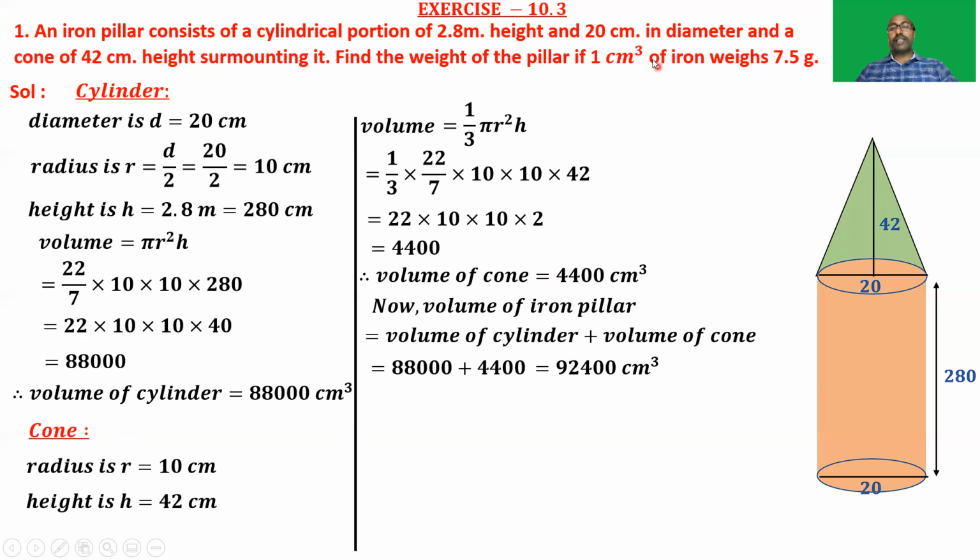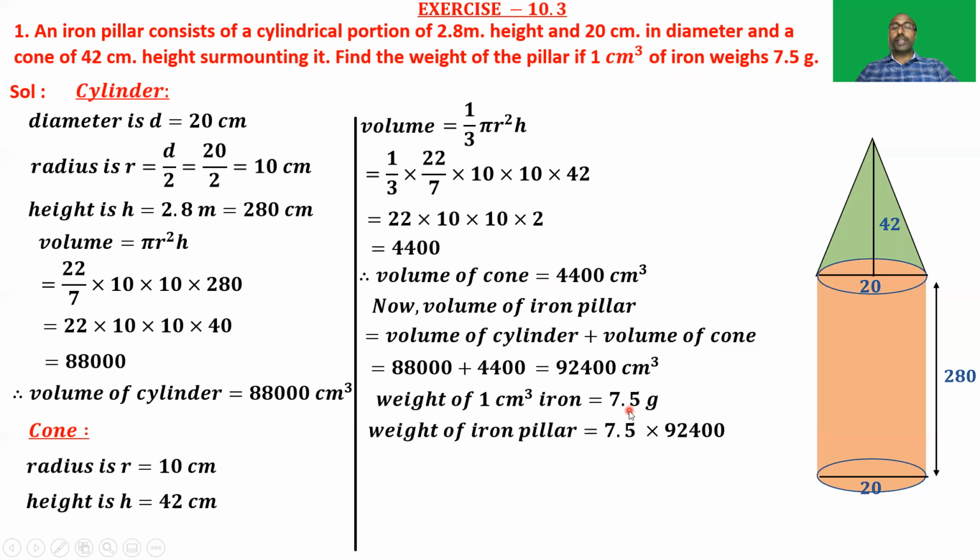But we have to find the weight of this pillar. It is given that the volume of 1 cubic centimeter of iron weighs 7.5 grams. So the weight of total pillar is 7.5 into 92,400 grams. As the weight of 1 centimeter cube of iron is 7.5 grams, the weight of 92,400 centimeter cube is 7.5 into 92,400.